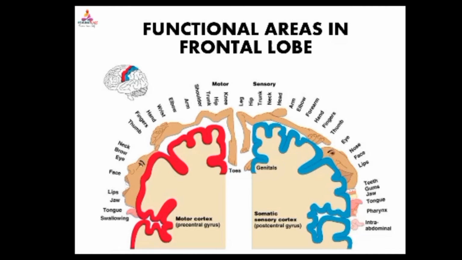Thus, face, especially the lips, tongue, larynx, and hand, have disproportionately large areas while the trunk and lower limb have small areas. You can see the picture and get more idea about these points.